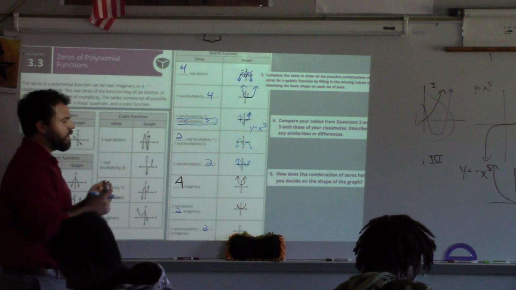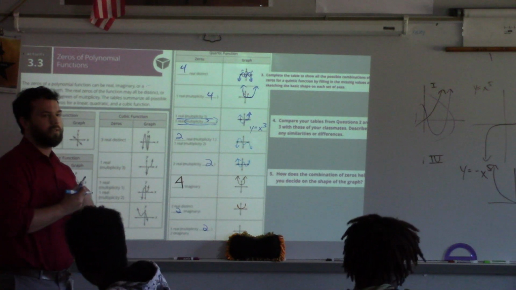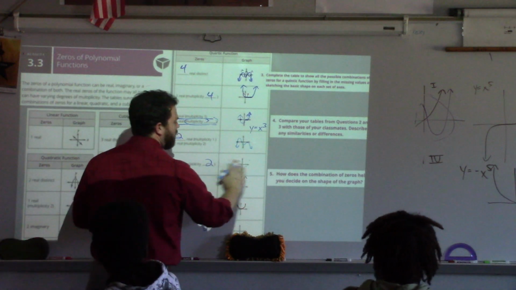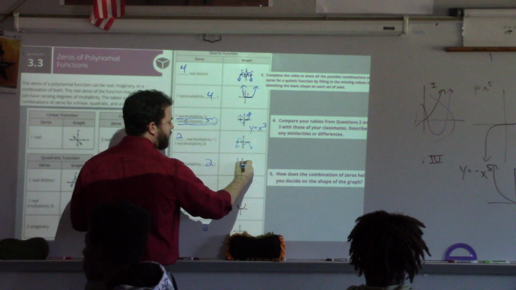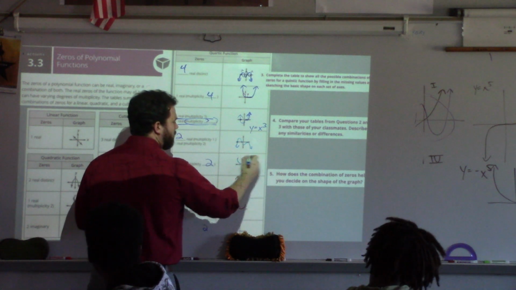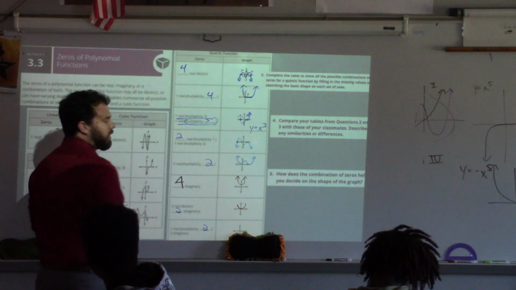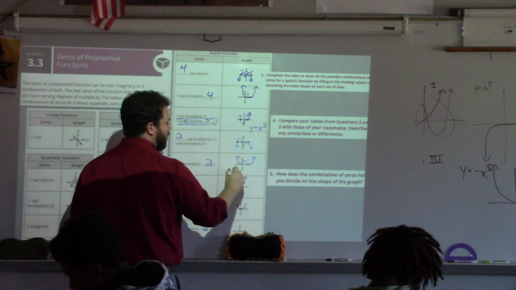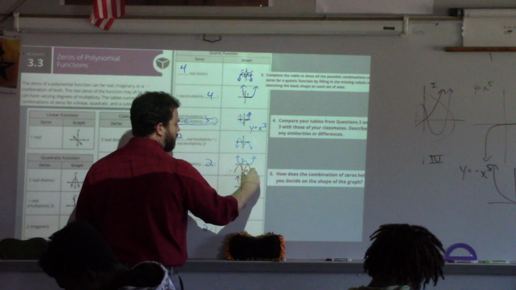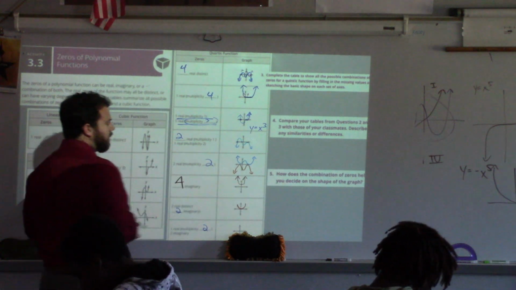What does it need to do if it has a multiplicity of 2? It just touches. So just touch and touch again. You could also have it going down, doing the same thing. Just like that. Get the little McDonald's sign in there.